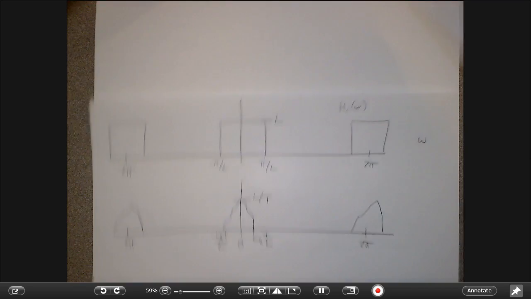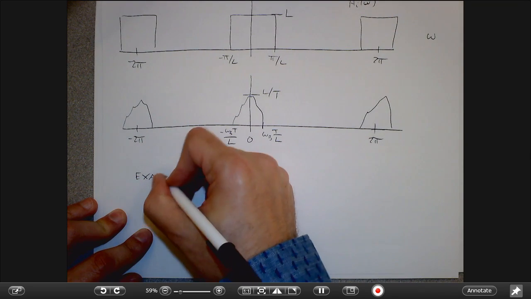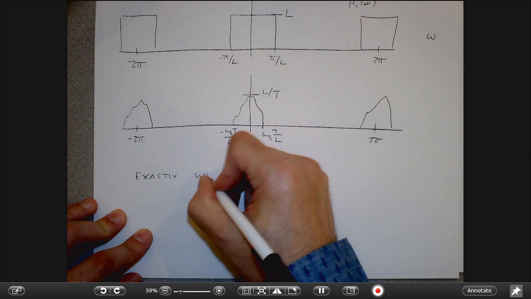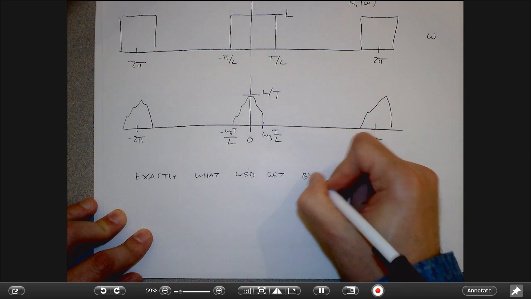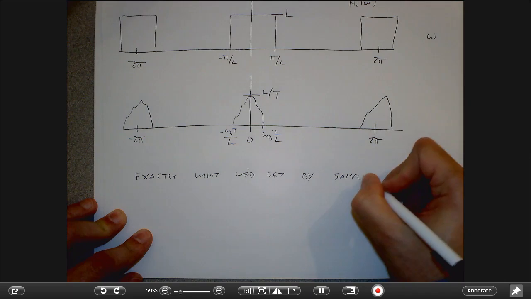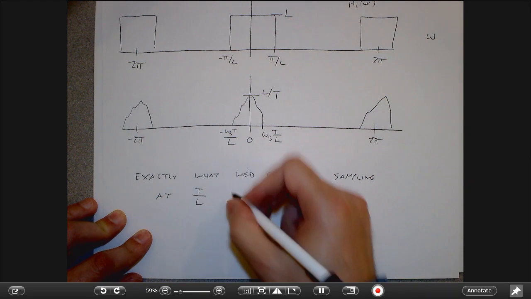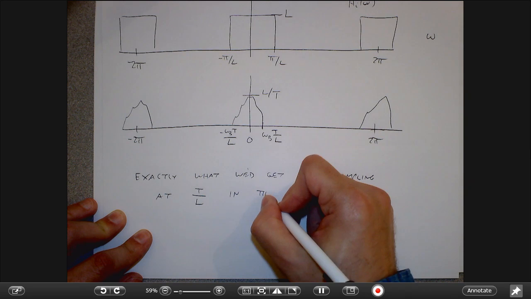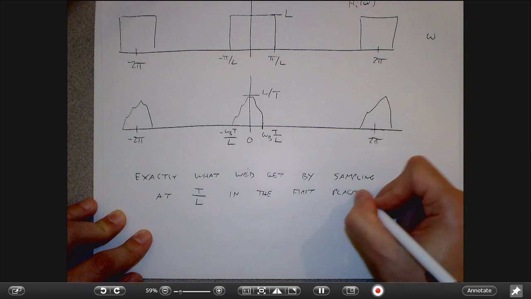And this is exactly what I would have gotten. So this is exactly what we'd get by sampling at T over L in the first place.